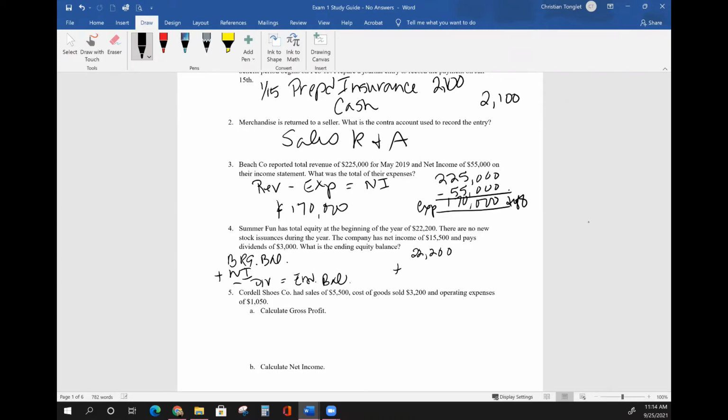It has net income of 15,500, and I pay out dividends of 3,000. So I'm just plugging those numbers into the formula to come up with my answer of 34,500. Okay, so that's that retained earnings formula that we talked about. Take the beginning balance plus net income less the dividends, and that gives you your ending equity, your ending retained earnings.